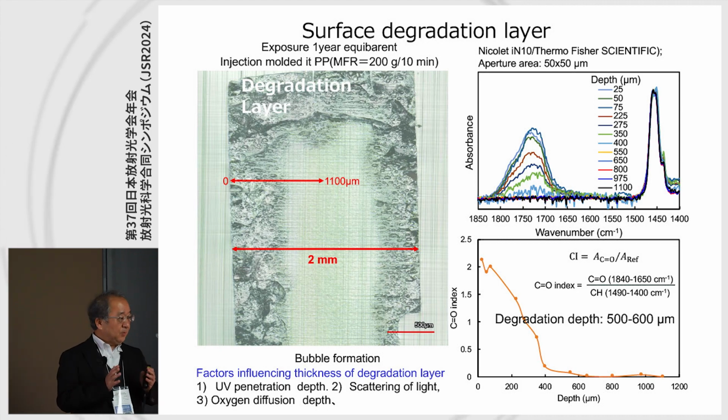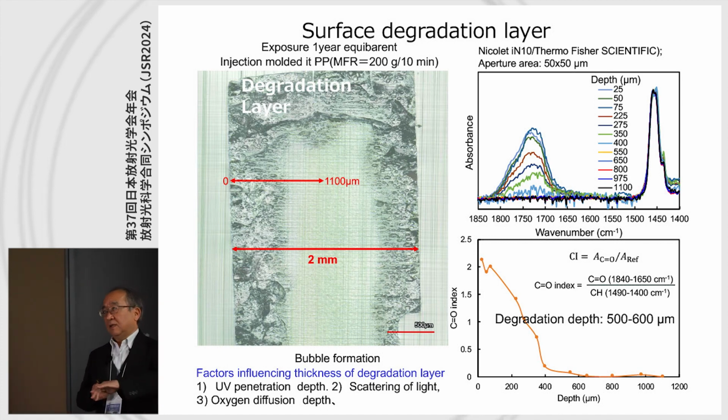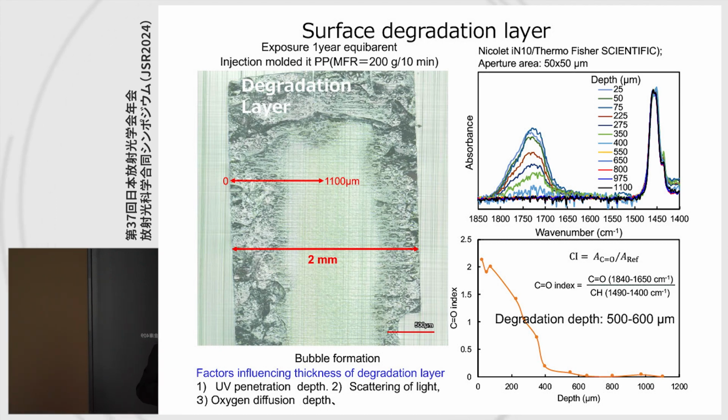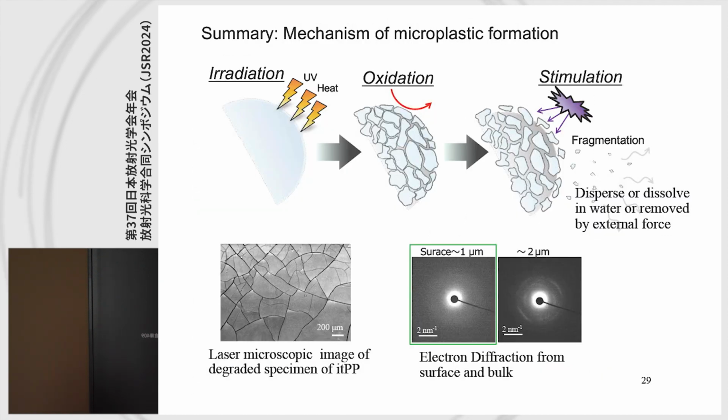So we suppose this degraded layer is easily peeled off and generates water-dispersible hydrophilic plastics after sunshine and mechanical stimulation. This is a figure which shows these hypotheses.